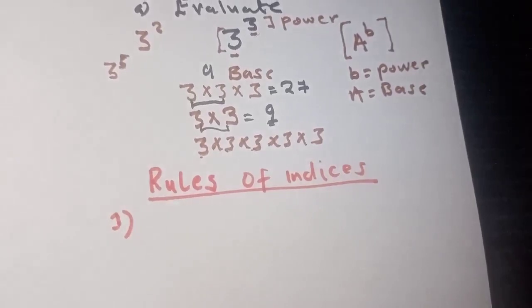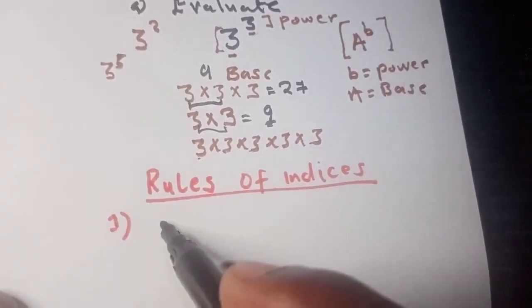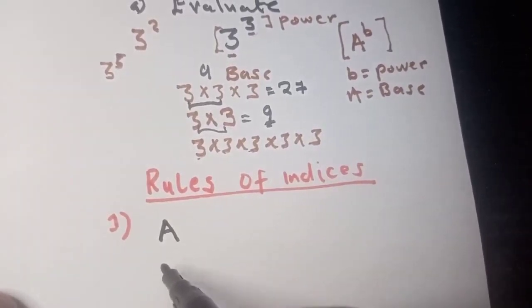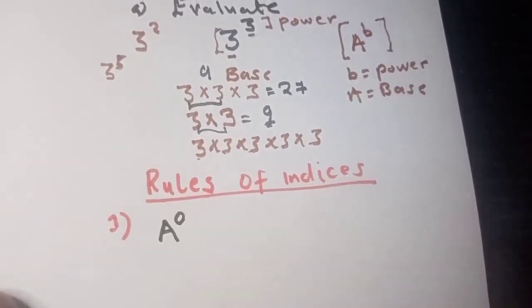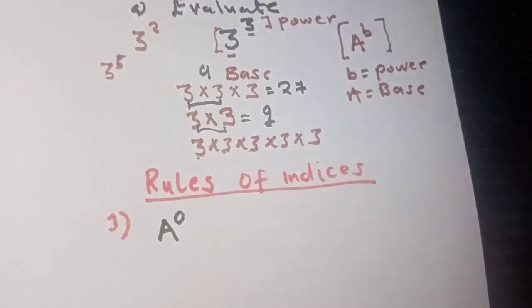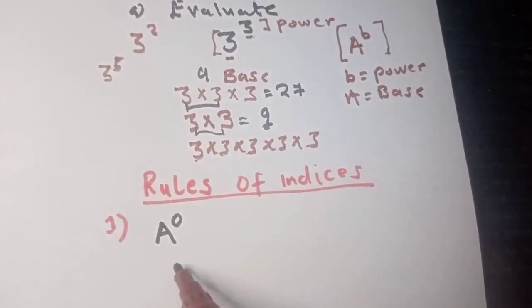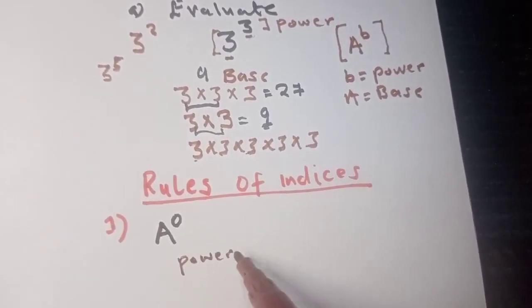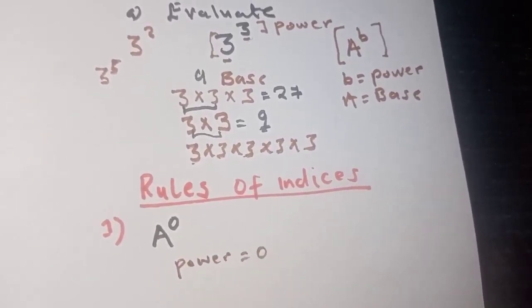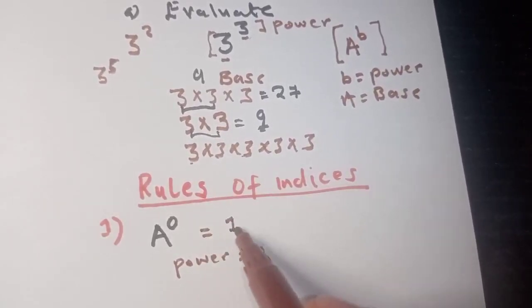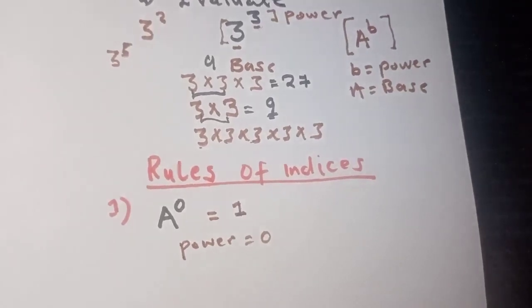Rule number 1. Under this rule, whenever you have a base, a bigger number, raised to the power 0, the power is equal to 0, and your answer will always be 1.